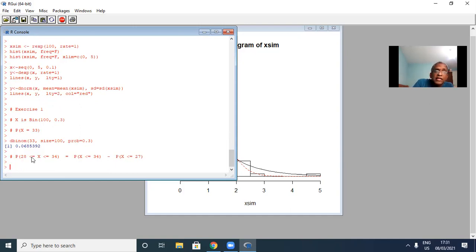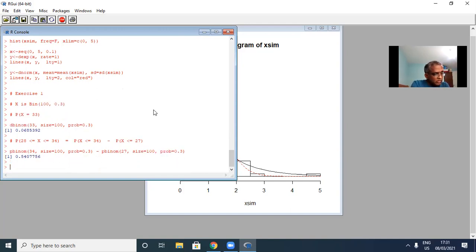So the probability that X is between 28 and 34 is the difference of these two. So this will be pbinom at 34 with size equal to 100 and probability equal to 0.3, minus pbinom at 27 with size equal to 100 and probability equal to 0.3.